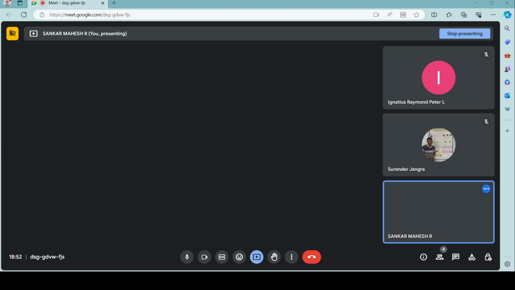So 1 again, and this unlabeled cannot give the labeled one. So 0 here. Then this is unlabeled.